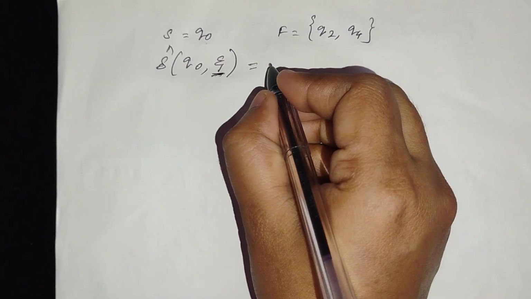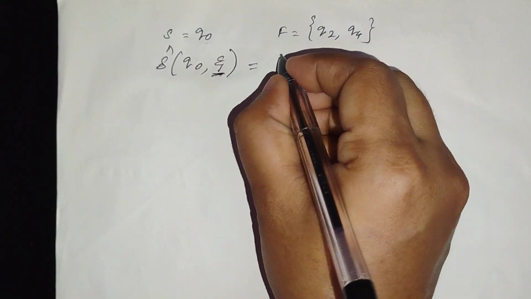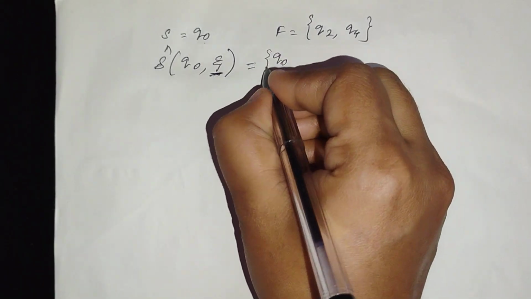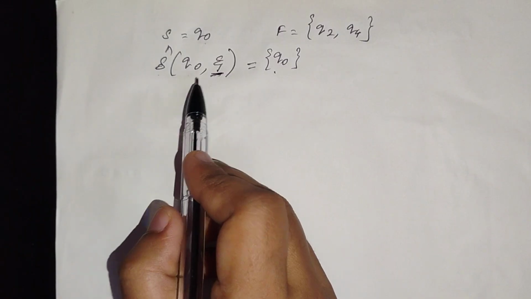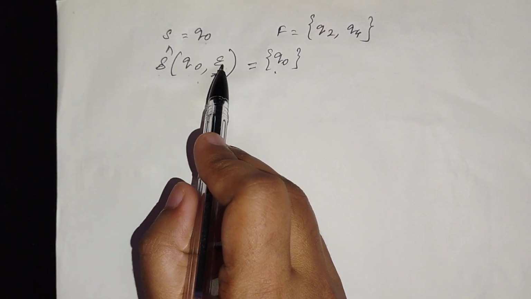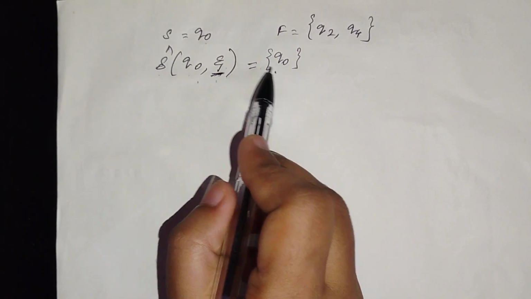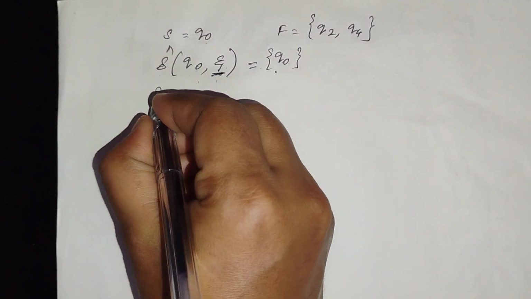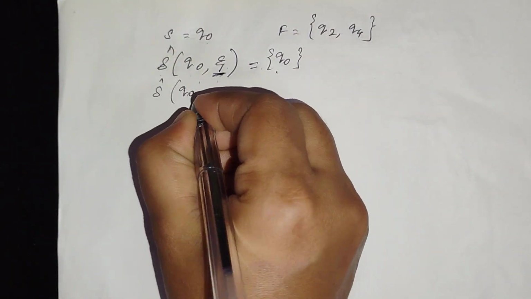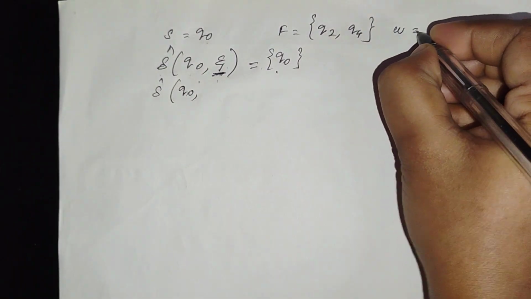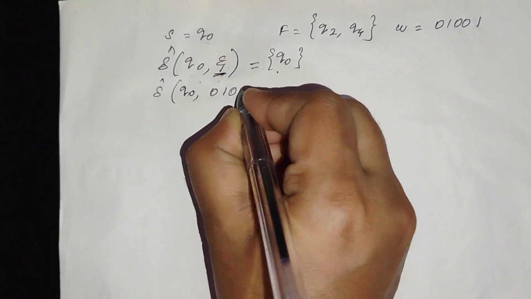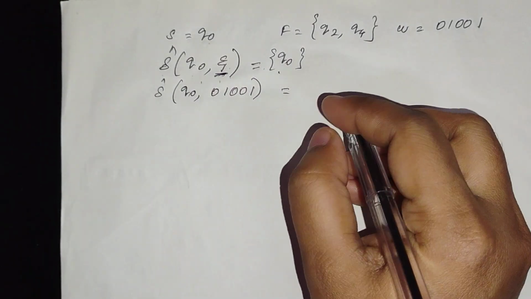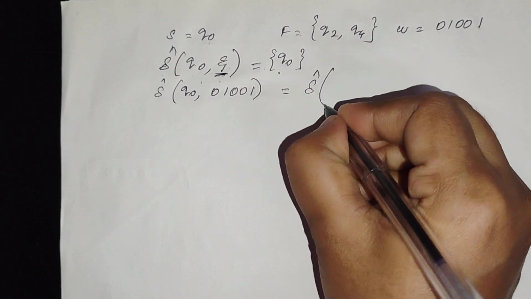If there is no input symbol, it will remain in the same state Q0. So δ(Q0, ε), that is the empty string, means it will remain in the same state Q0. Then δ^(Q0, w) where the string w is 01001.